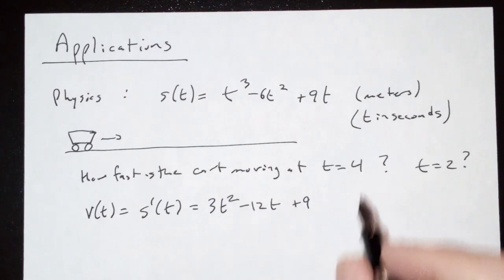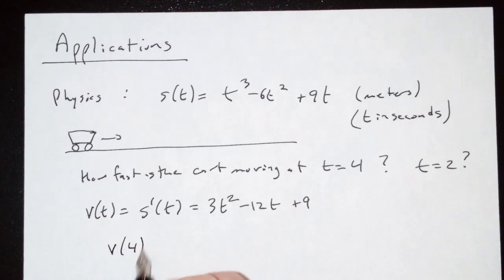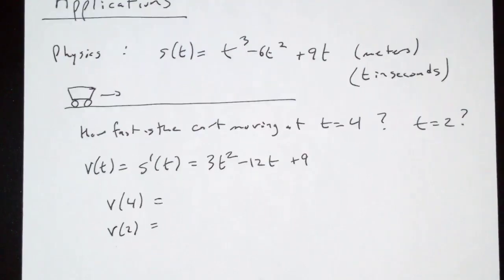If I want how fast is the cart moving at 4, I want v of 4. At 2, I want v of 2. So give me some numbers and units.